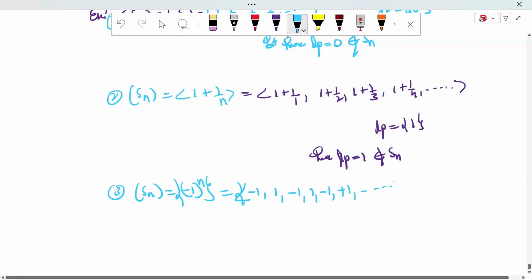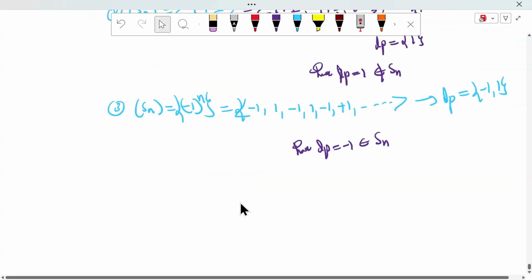This is the sequence. What are the limit points here? -1 and +1. Here the limit point -1 belongs to the sequence Sn. It does belong to the sequence. It may belong or may not belong; I have given counterexamples for that, sir. Remember this now, sir.